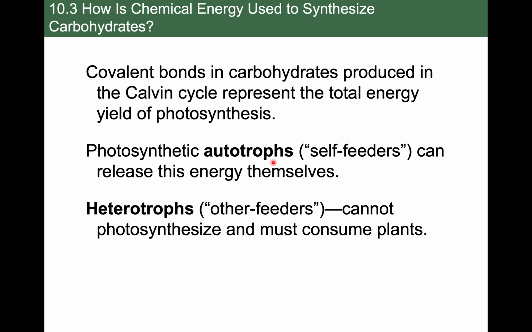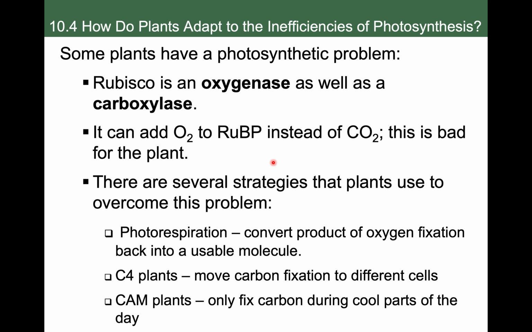They can take those G3Ps that were made in photosynthesis and assemble those into glucose or other sugars. So anyway, autotrophs, self-feeders, this is in contrast to heterotrophs like ourselves, right? We have to eat other organisms, plants or animals, in order to get those sugars. So you've probably seen that distinction before.